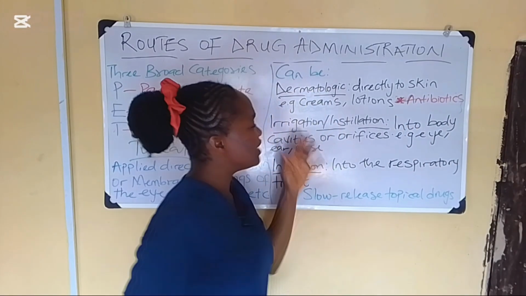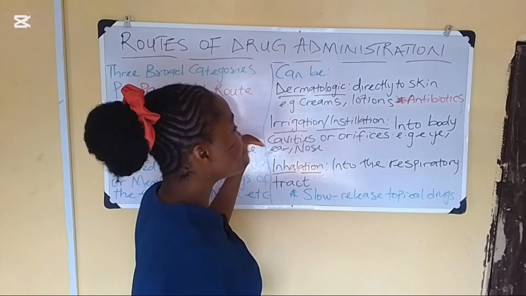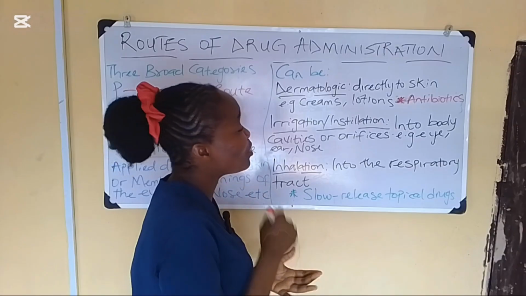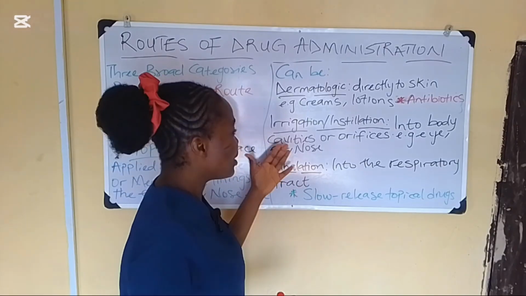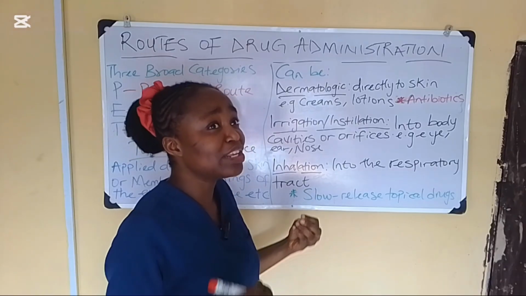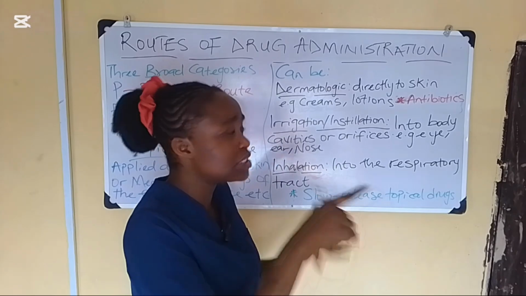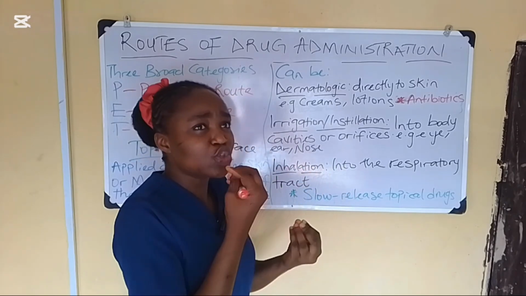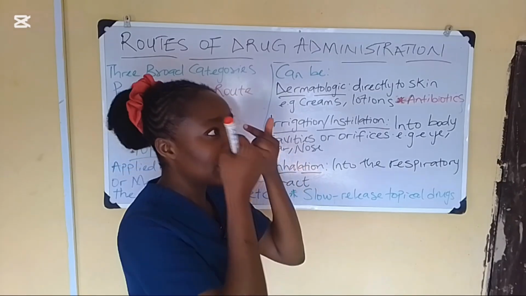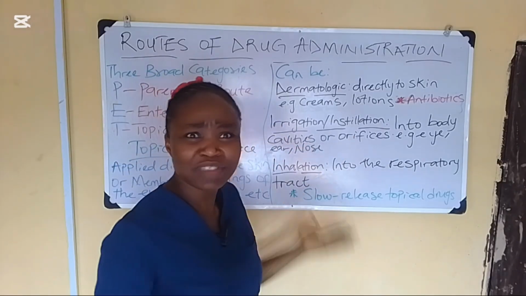Meanwhile, some drugs can either be irrigated or instilled. So we call this the irrigation or instillation form. This is when the drug is given directly into a body cavity or an orifice, for example the vagina. Some drugs could be given directly through the urinary catheter, so that they could treat some infections of the urinary wall. Some drugs can also be given by drops. That's eye drops, ear drops, and nasal drops.